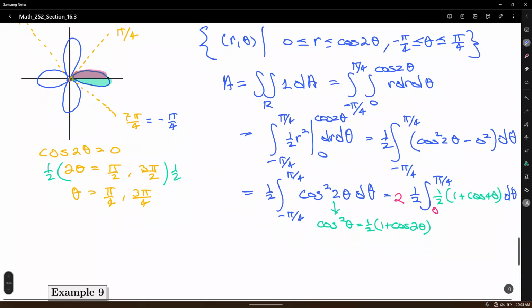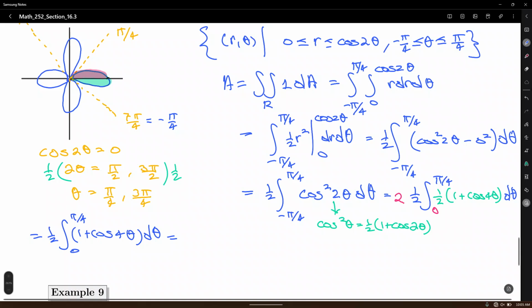That's going to give us, okay, 2 times a half, they cancel out. Times the half from the identity, it's the half. Let me write it outside from 0 to pi over 4. Okay, that's 1 plus cosine 4 theta d theta. Let me distribute the half and write down 2 integrals here.